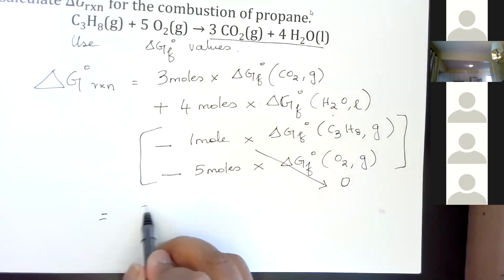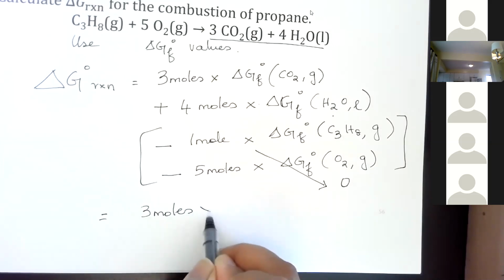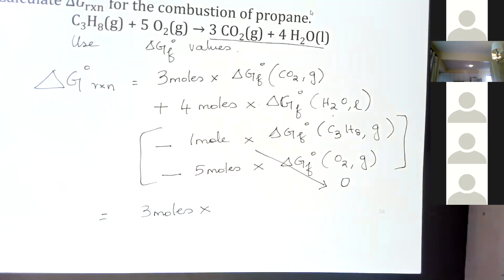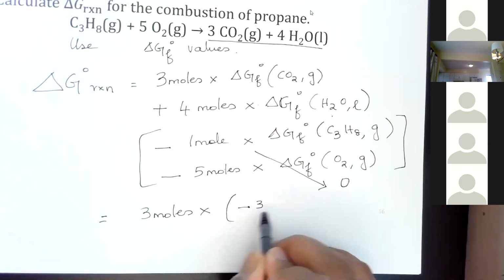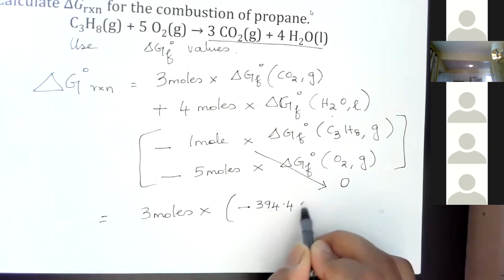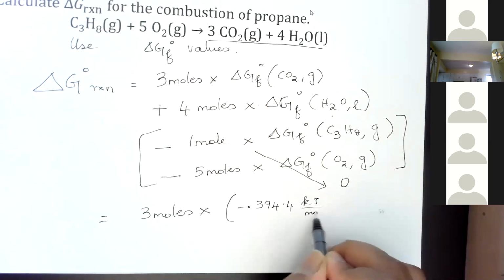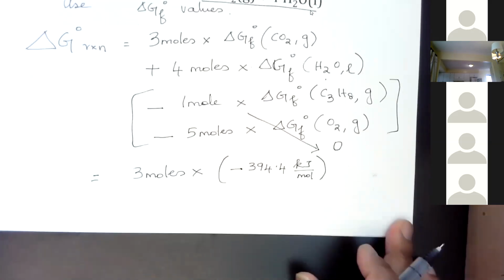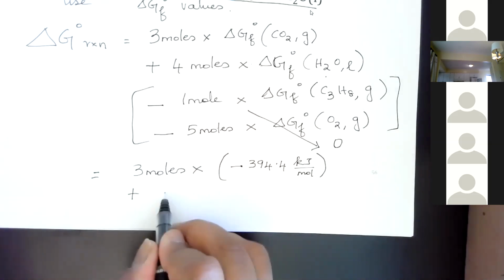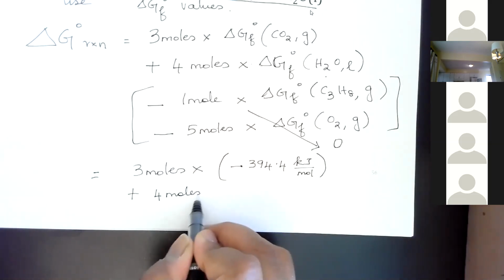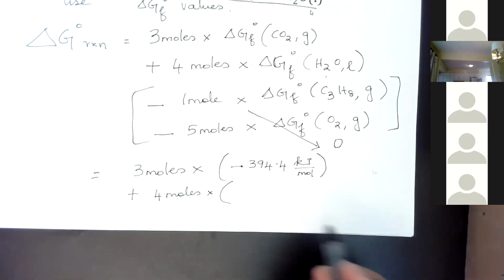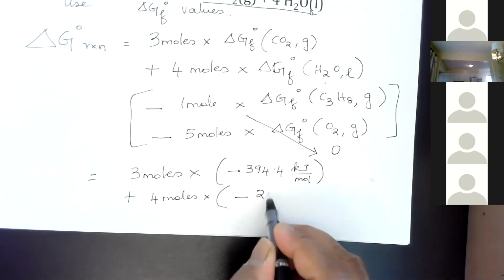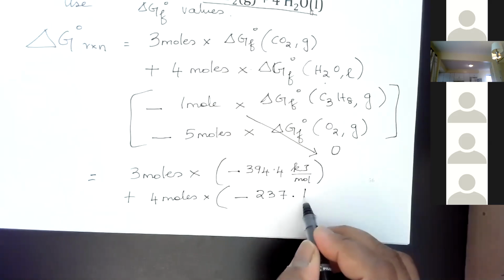Okay. So now I'm going to give you the delta GF0 values. For CO2, this is negative 394.4 kilojoules per mole. Next one, plus 4 moles delta GF0 for water liquid. Okay, you got to be careful because there'll be a different value for steam.